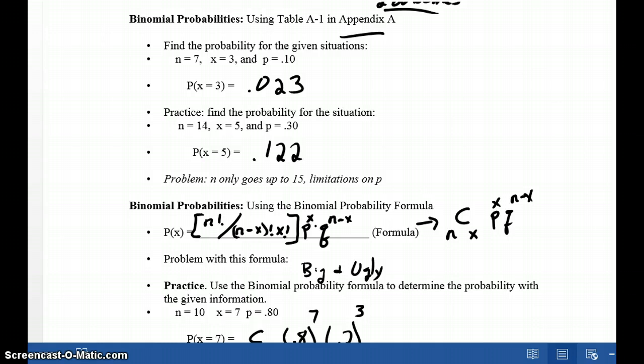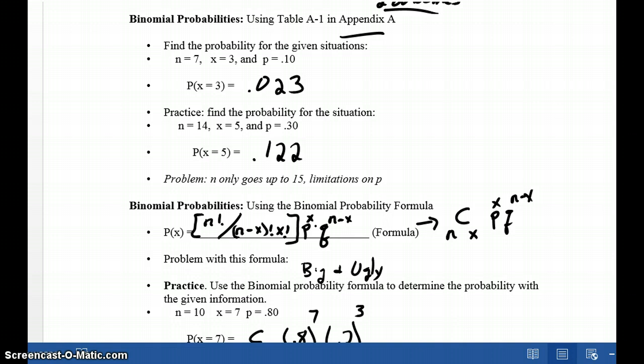Once you have found it, we want to know the probability of, say, 7 trials, 3 successes, and the probability of success is 10%. If you look at your table on the left-hand side, you see n. You go down and find where n is 7. Right next to it, you'll find the number of successes, x, which is 3.